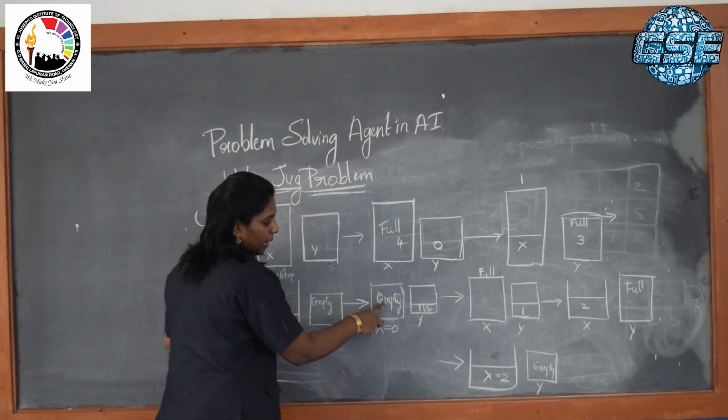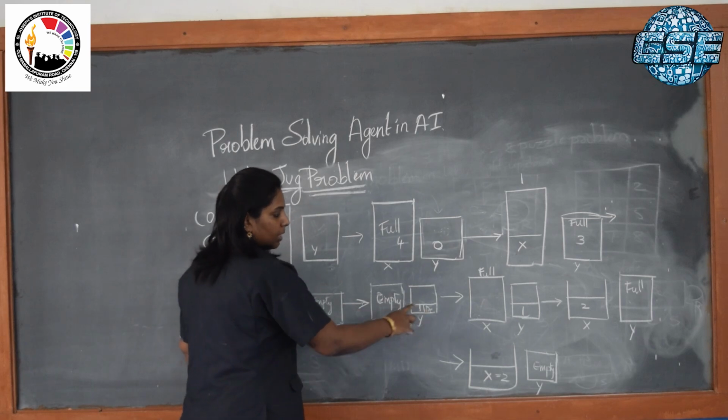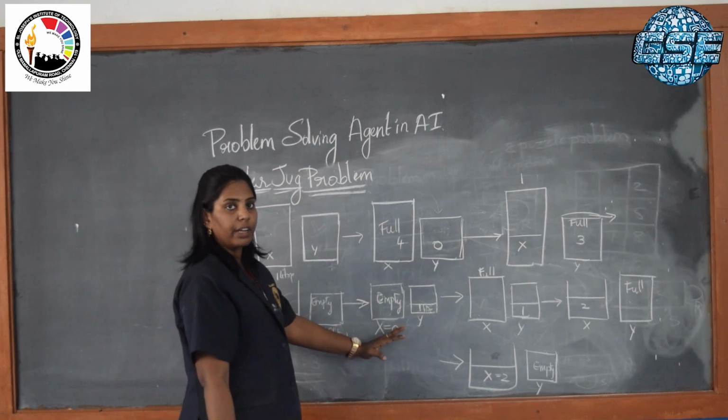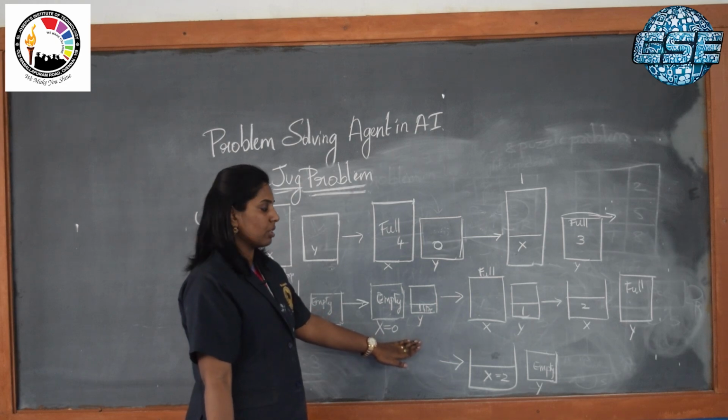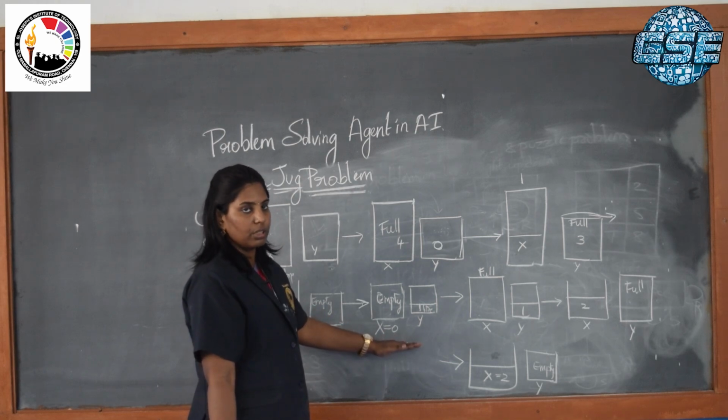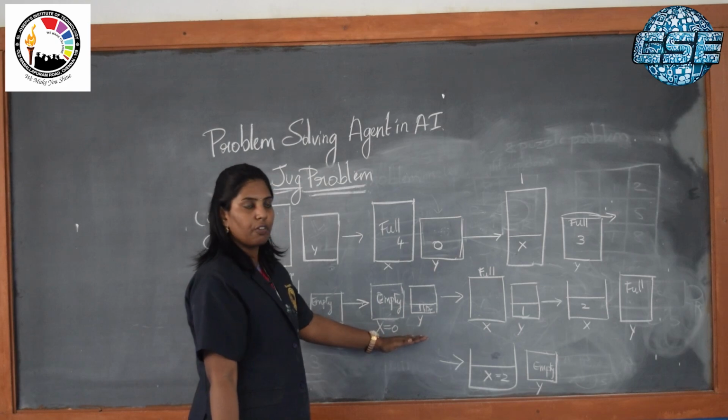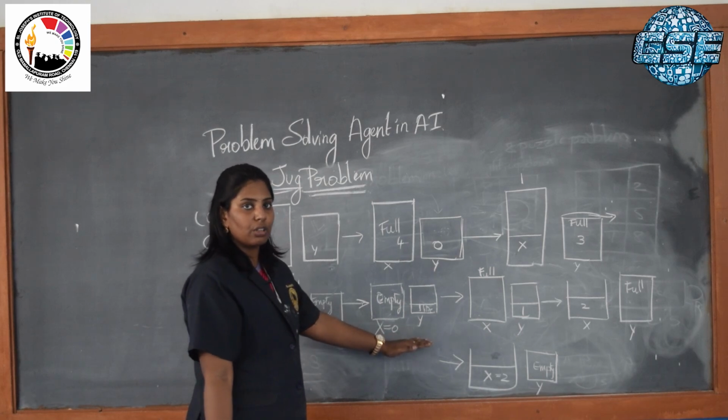So X will be empty, Y will be 1. Now again we need to check the transition state. This will be the intermediate result. We need to check whether it is the goal state or not. It is not the goal state.